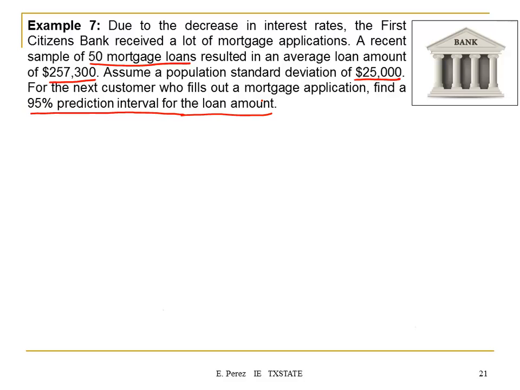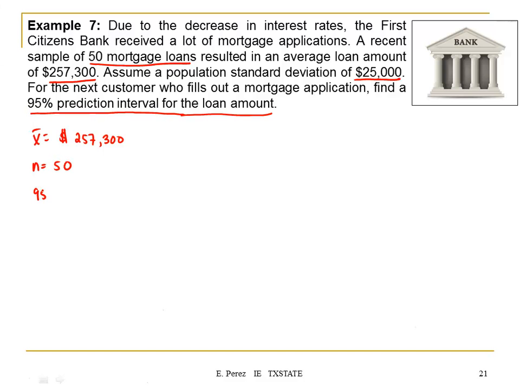So we are basing our next observation on the sample, the information that we have from the system, and we also have the population standard deviation. Using that information, we have x bar, which is 257,000. We have the sample size, which is 50.